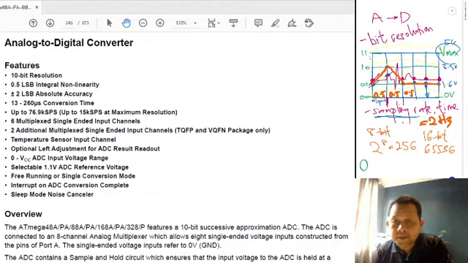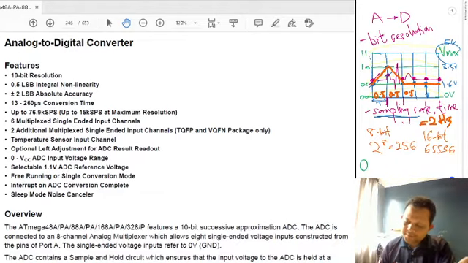So you can do this calculation to the power of n, right? If it is 10-bit, that would be 1024, right?